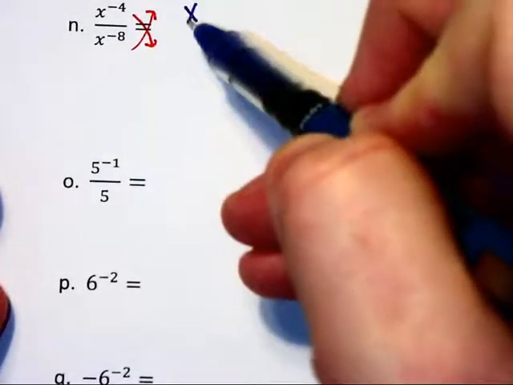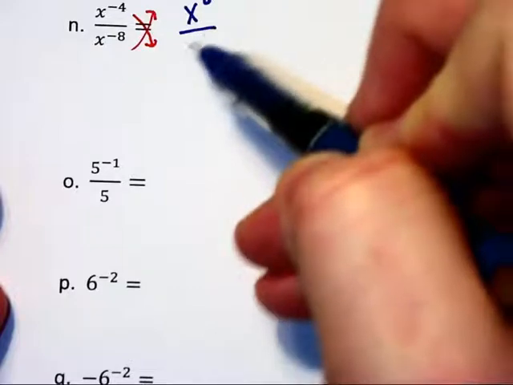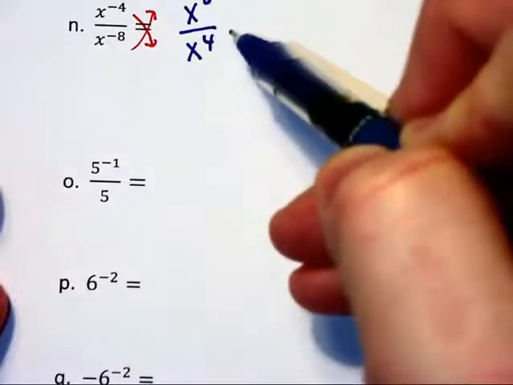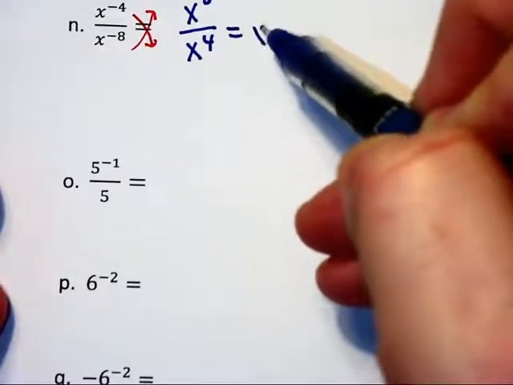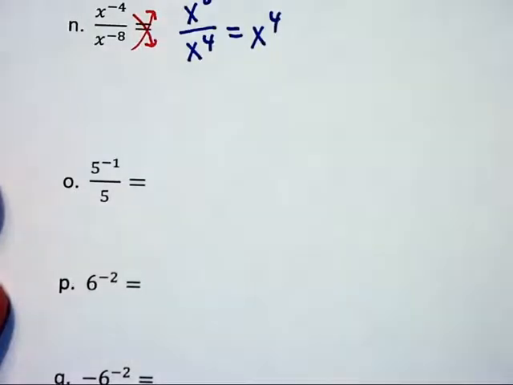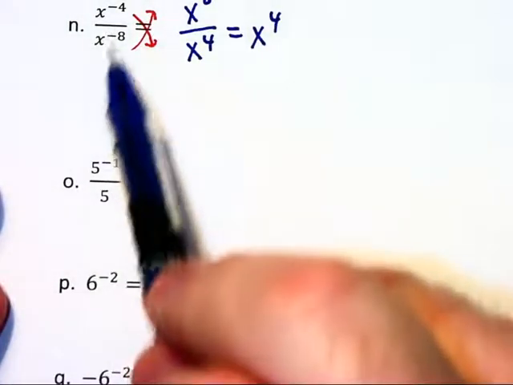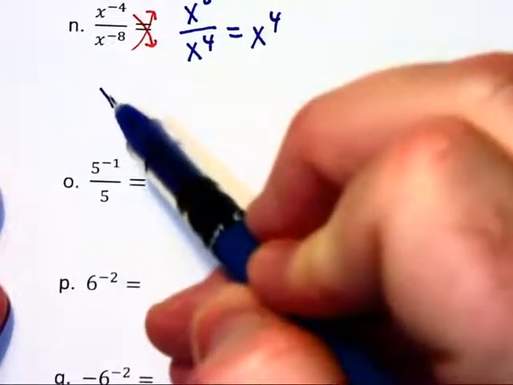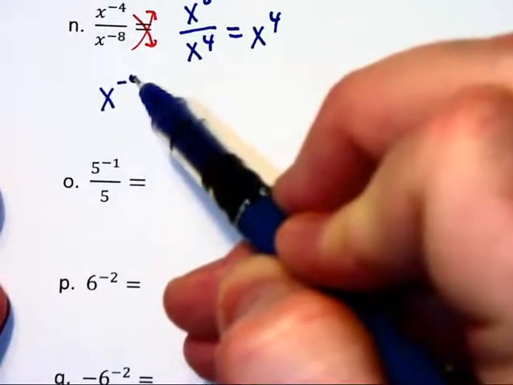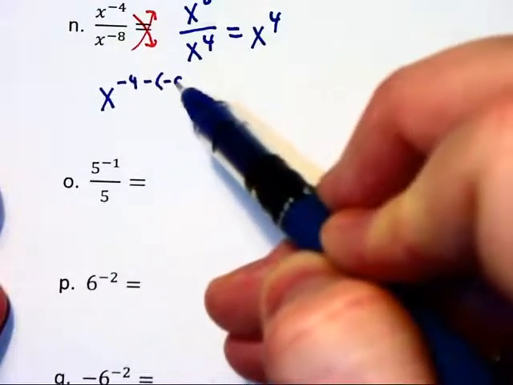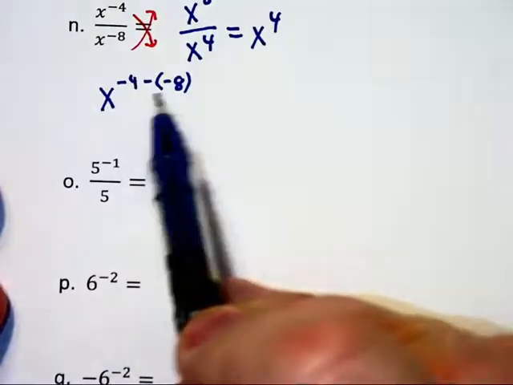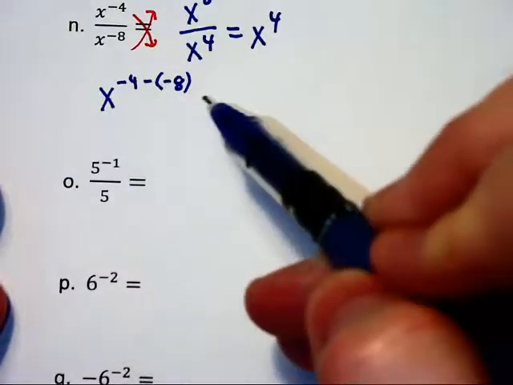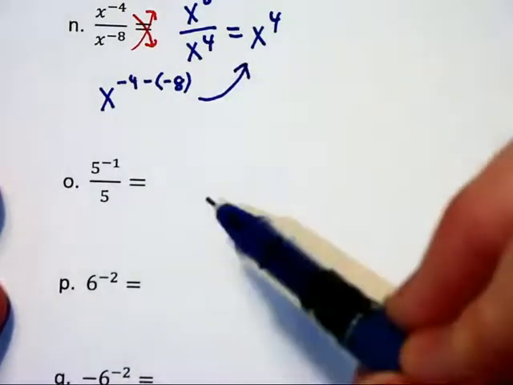So we will have x to the 8th over x to the 4th, which when we subtract is x to the 4th. Now you could have just thought of this as a subtraction problem to begin with and said, oh, same base, minus 4 minus a negative 8, and turned this into a plus, and gotten to your x to the 4th that way.